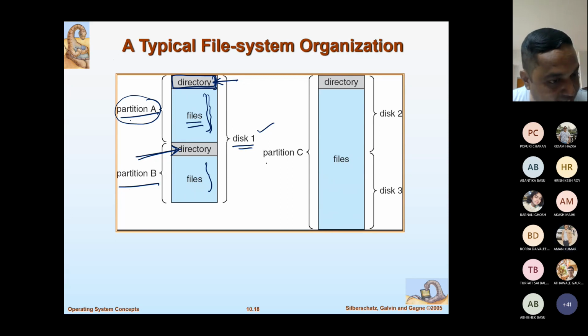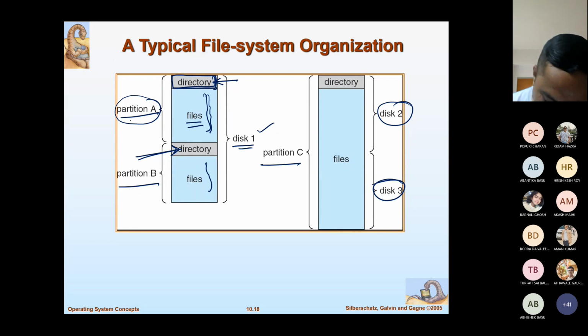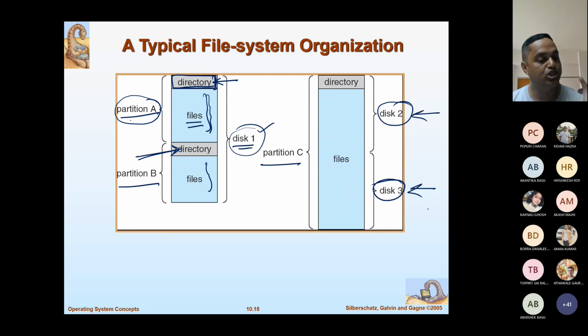You may have a partition C that consists of two disks, disk 2 and disk 3. At the beginning, I told you these partitions are virtual partitions. So apparently it looks like two disks, but actually this one has two partitions, partition A and partition B. In the same way, there are two disks, disk 2 and disk 3, but virtually it is reflected to the user as partition C because you have created the partition that way.